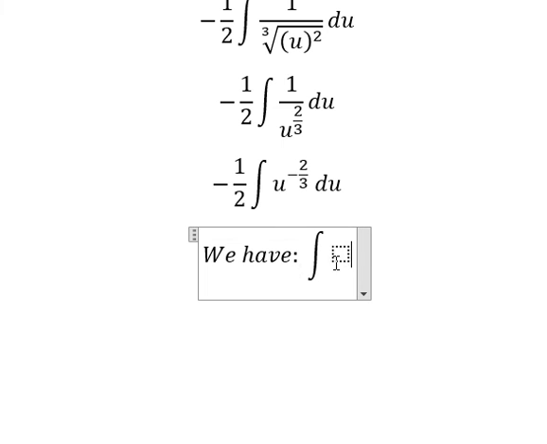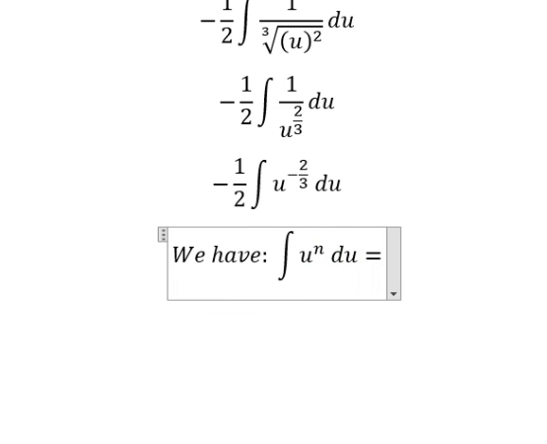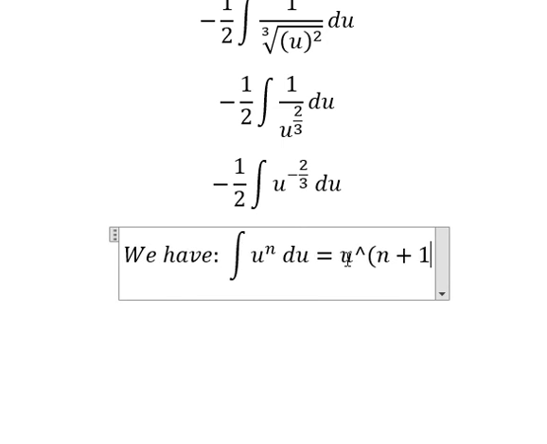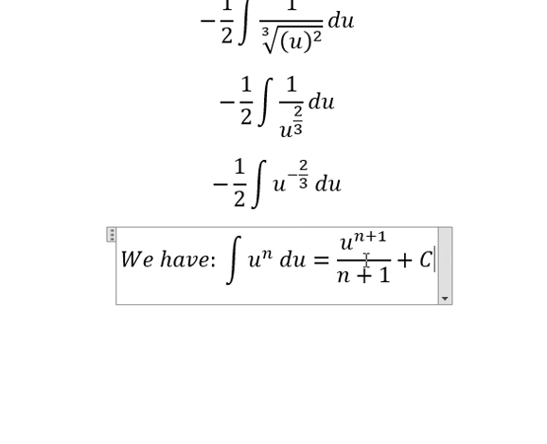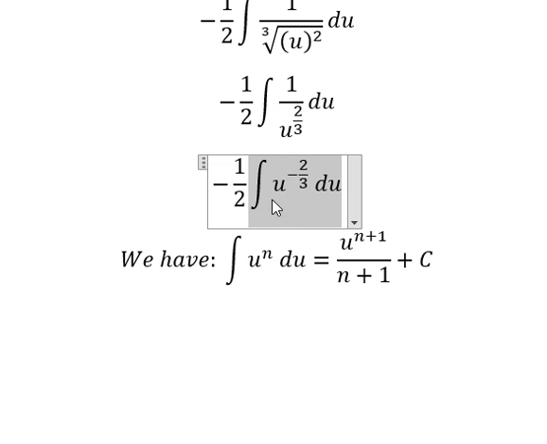The integration of u to the power of n du is u to the power of n plus 1 over n plus 1, and I will put plus c. Now we can apply the formula in here.